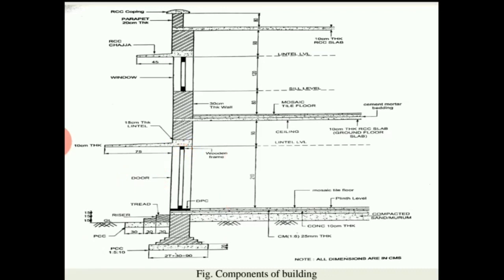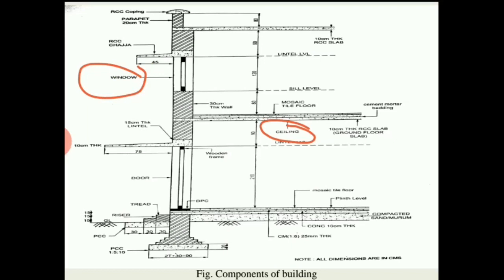Now next, this is the lintel level, and it is constructed just above the opening, and the thickness of lintel is 15 centimeter. This is the ceiling. Now next component is window. The main purpose is providing natural light, natural ventilation and vision.